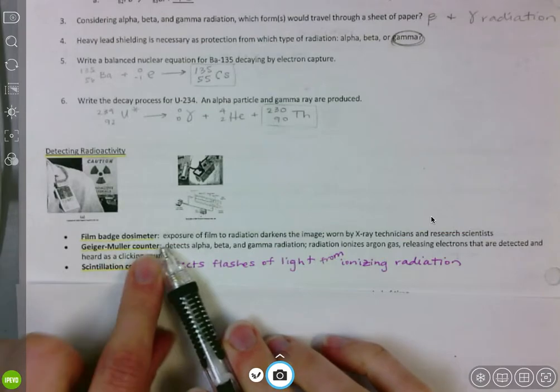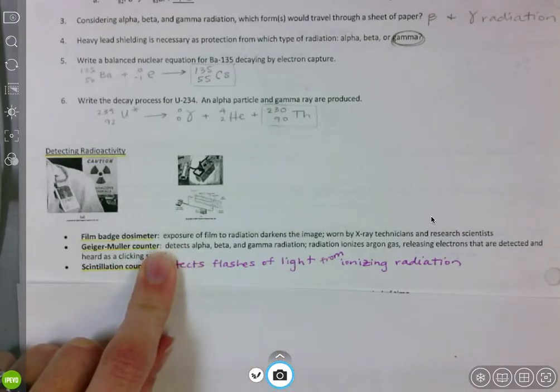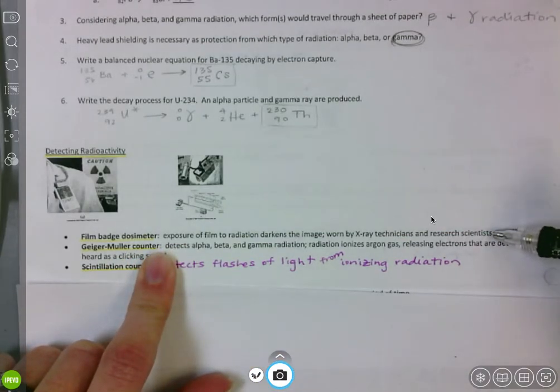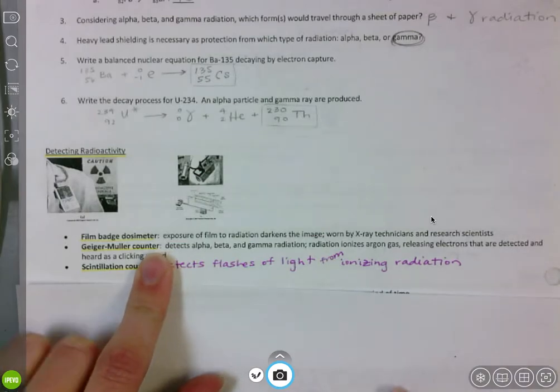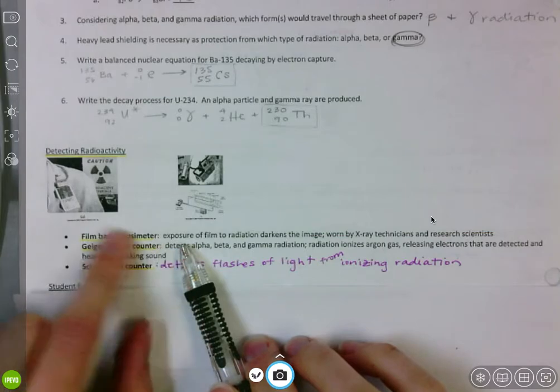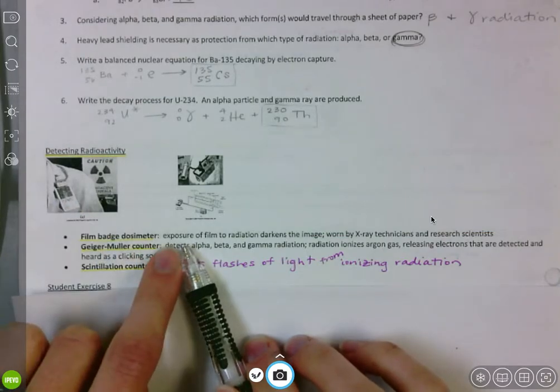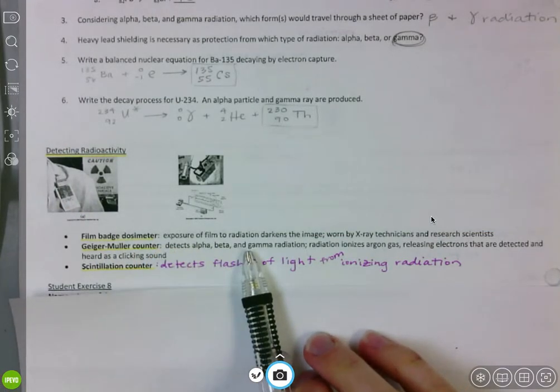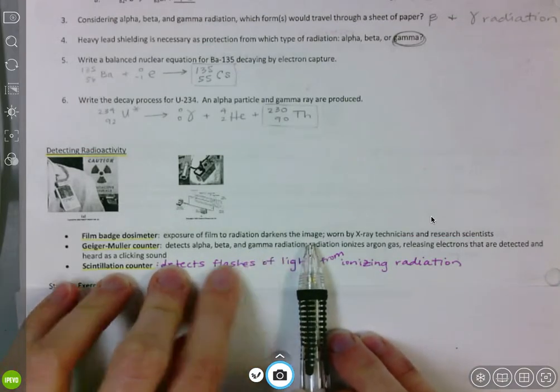So these film badge dosimeters are worn by X-ray technicians and research scientists who work with radiation on a daily basis. Basically, these badges have film on them, and exposure to radiation darkens the film.